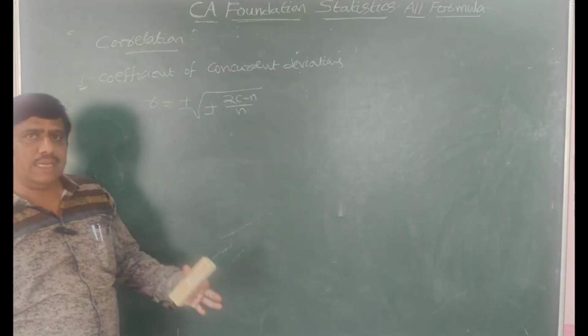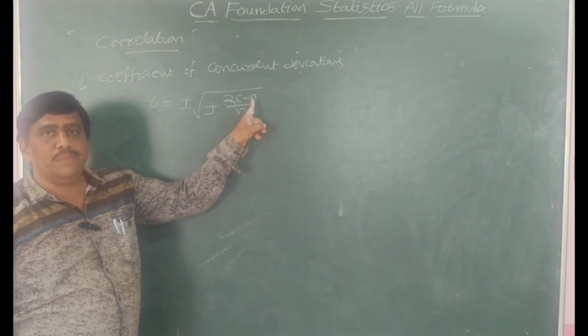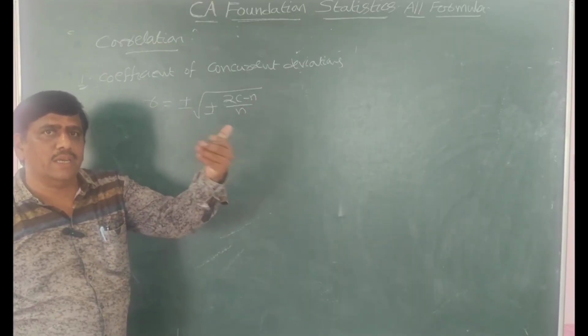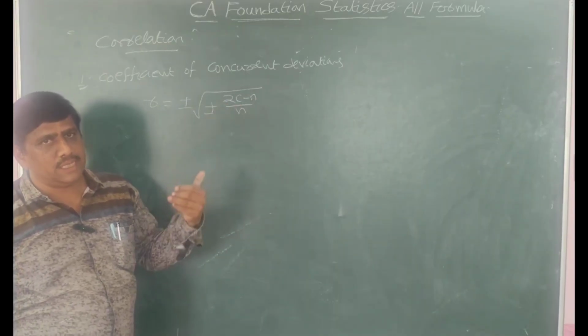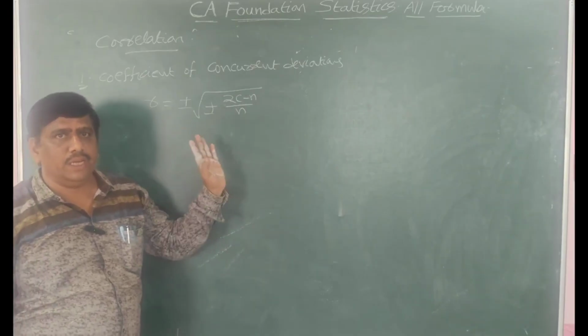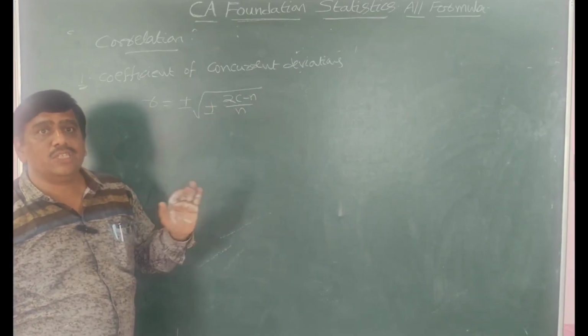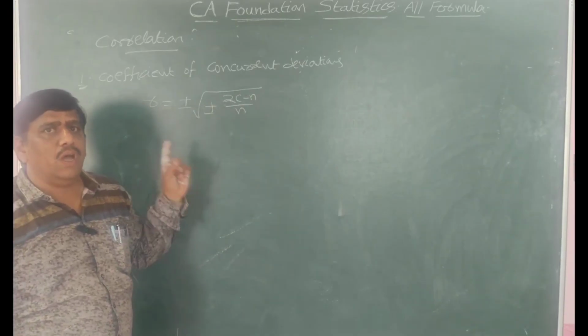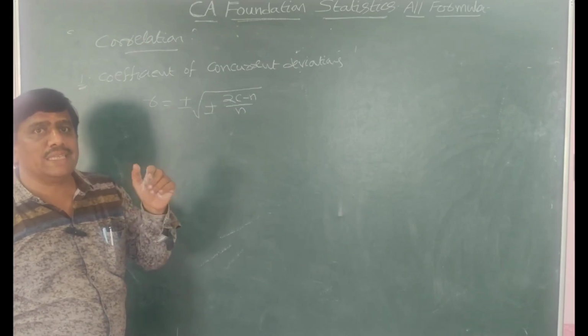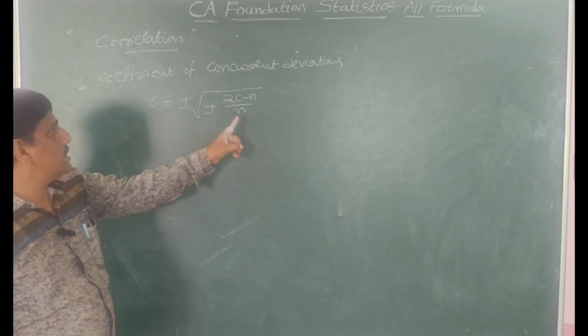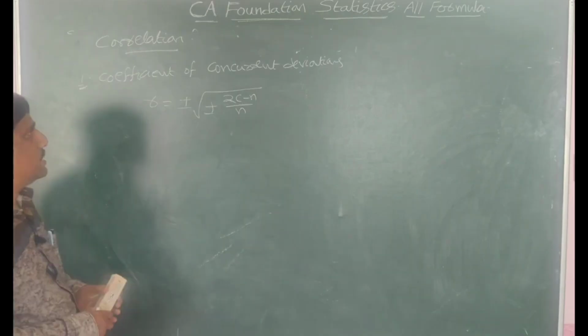If the number of pairs is 10, the number of deviations will be 9. If the number of pairs is 11, you have to consider the number of deviations as 10, like that. Please remember that point. In concurrent deviations, n is not the number of pairs. n is always the number of deviations, which is 1 less than the number of pairs. So this is the formula for concurrent deviations.